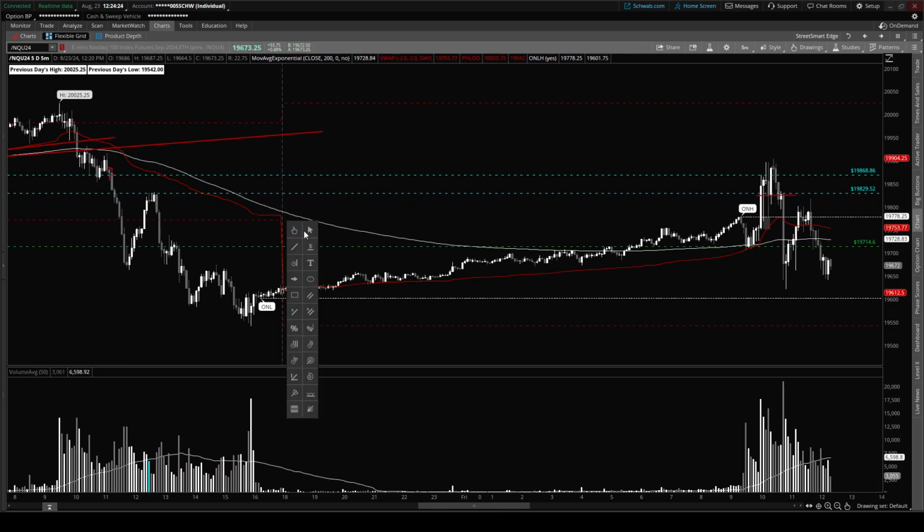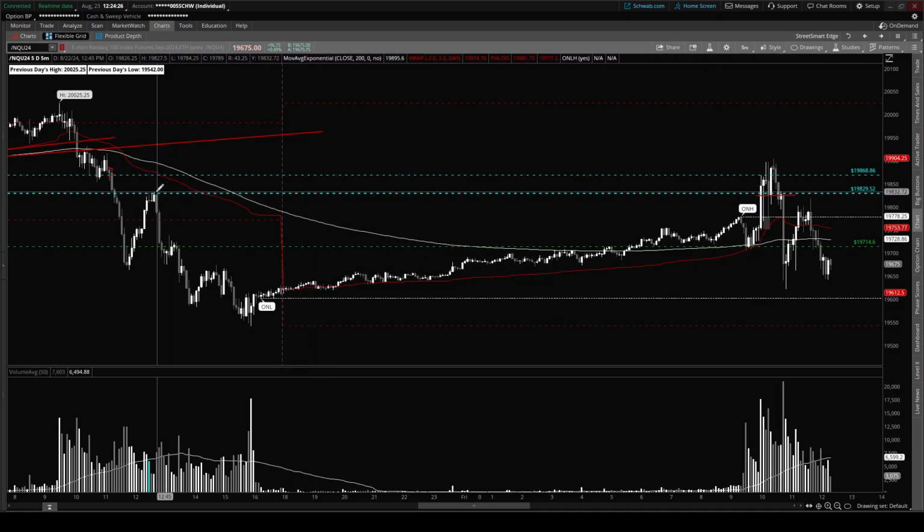The reasoning is that if you just look over to the left slightly, we can see this was a previous swing high. On the left hand side, we previously came up, tapped into that level, and we rejected it immediately. So technically, we could do the same thing in this case.